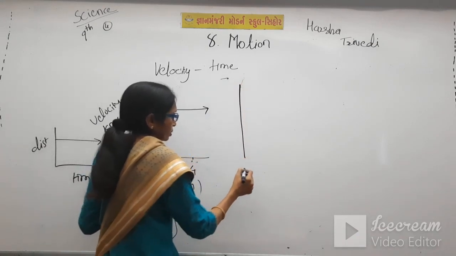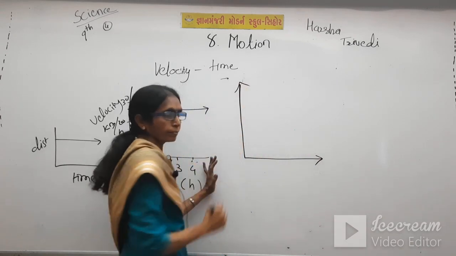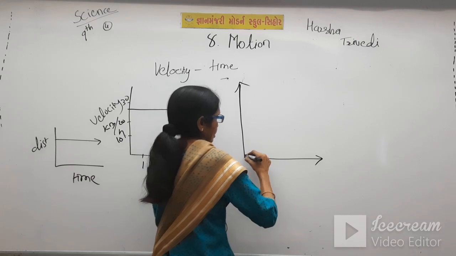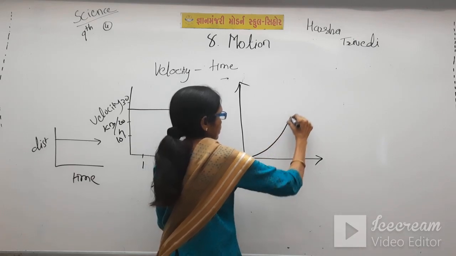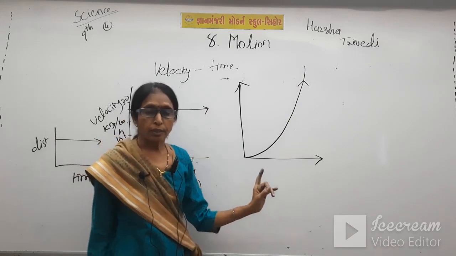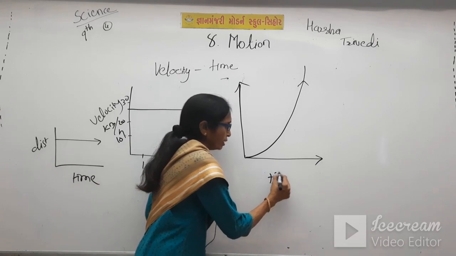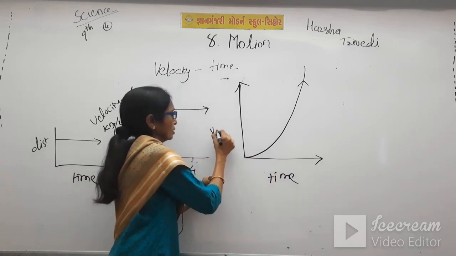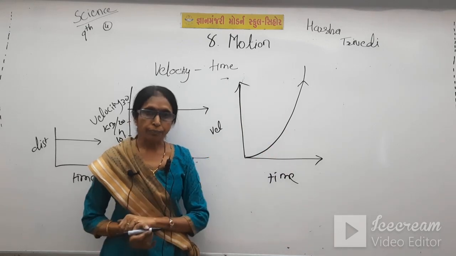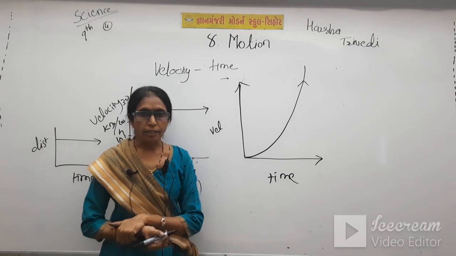Now, suppose our graph is like this. It shows the object is moving with accelerated motion. Now again we recall what is acceleration.